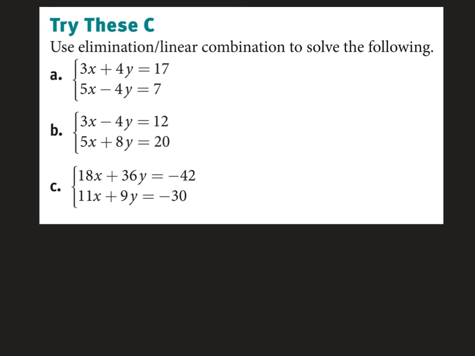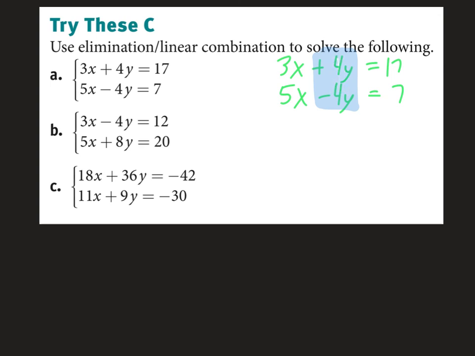As written, let's do it over here so we have some room. 3x plus 4y equals 17, and 5x minus 4y equals 7. This one's jumping out to me as elimination, automatically, because take a look at what we have given to us right here.